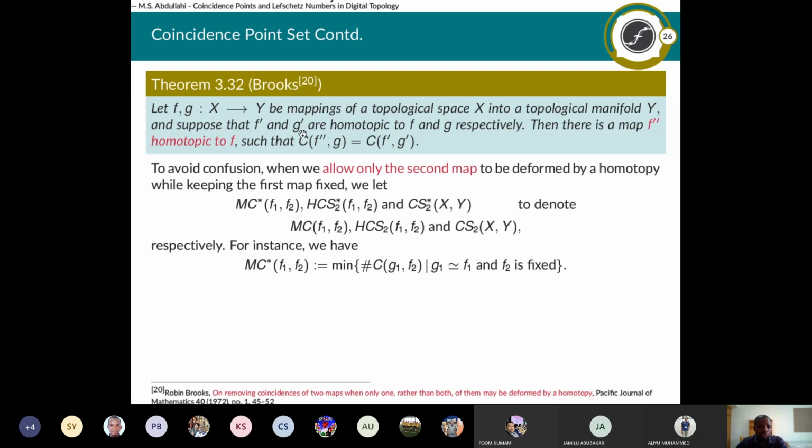So what we'll do is we want to see if we are allowed to have this kind of nice result in this direction.